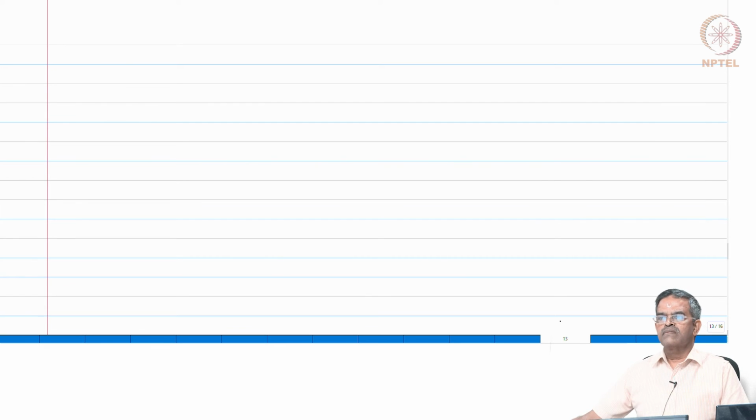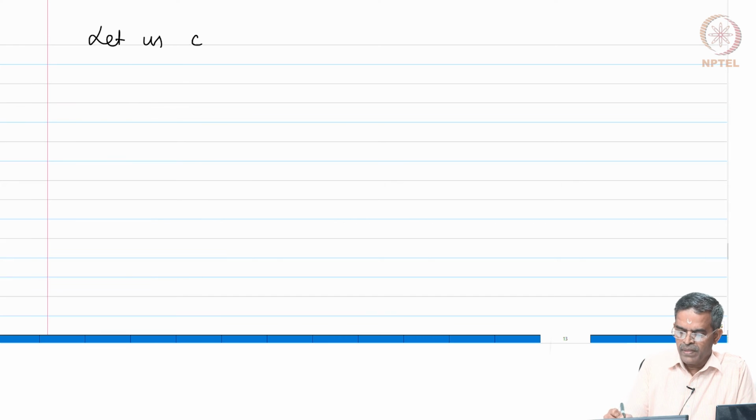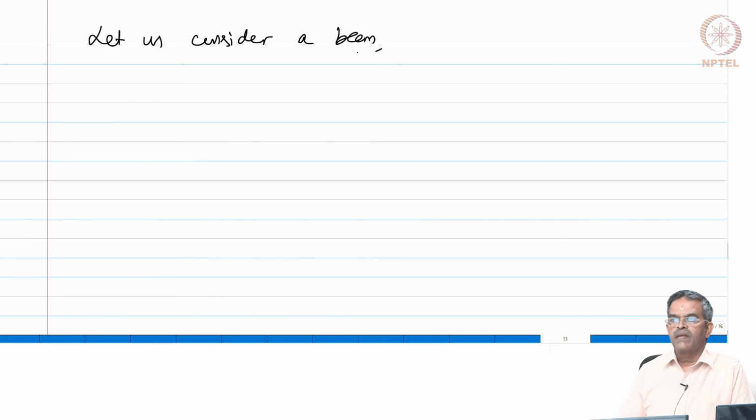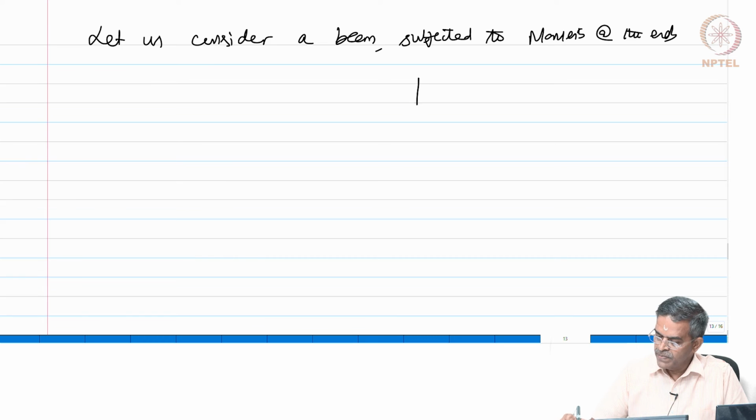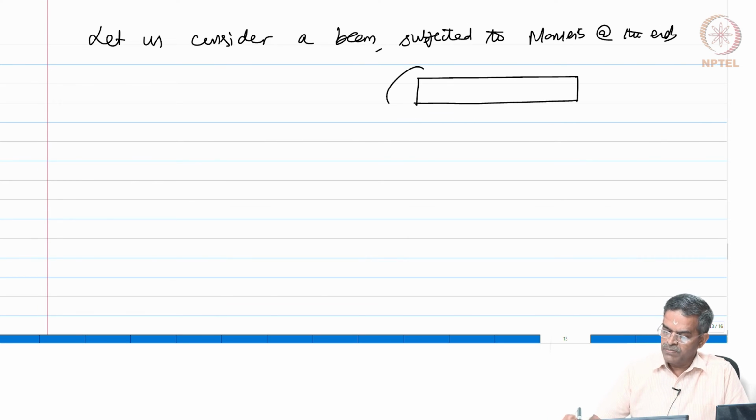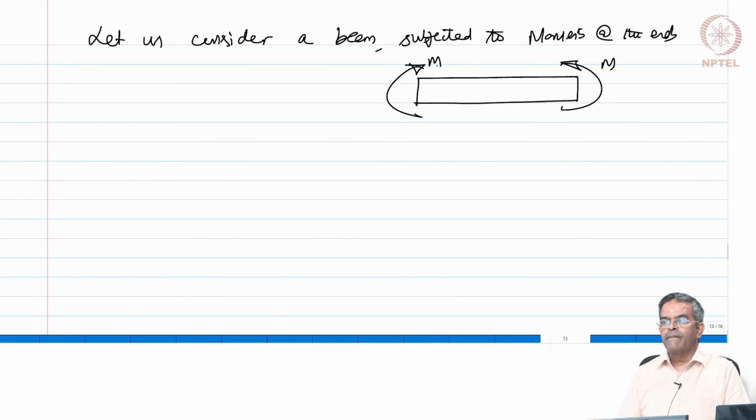Let us imagine that I have a beam subjected to moments at the ends. So, I have a beam, I subject this beam to a moment at the end. Okay, the beam will bend.